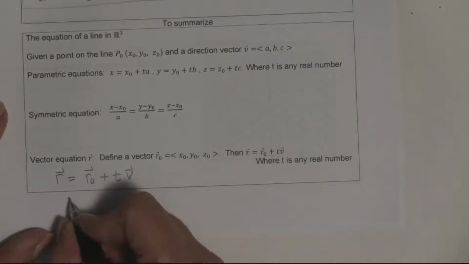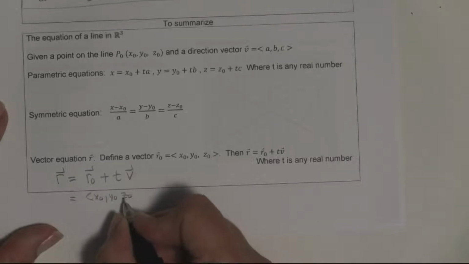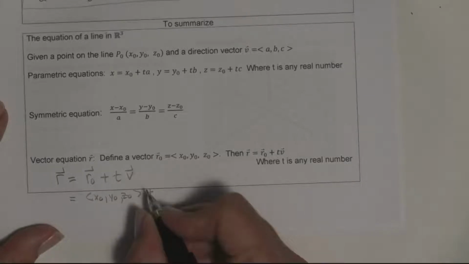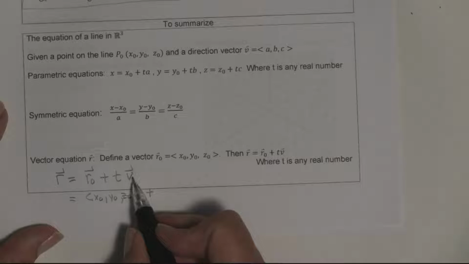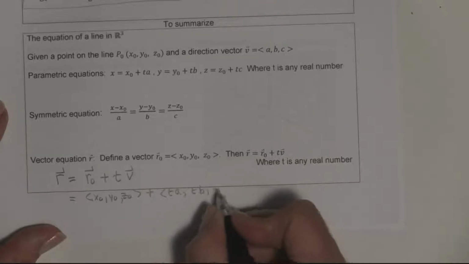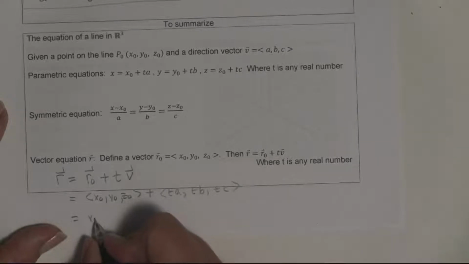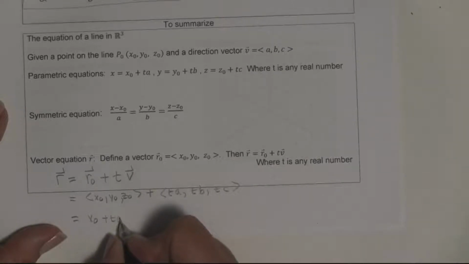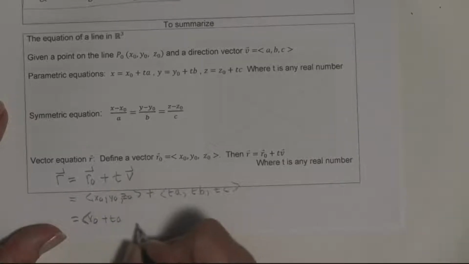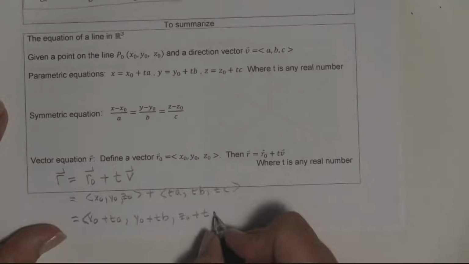And so this is then telling us that x naught, y naught, z naught, so this is a vector there, plus t times ABC, remember that's what V was, and so this is TA, TB, TC, and then you can put this together, and this would be x naught plus TA, that's my vector, and then y naught plus TB, and z naught plus TC. So this is R, my vector R.